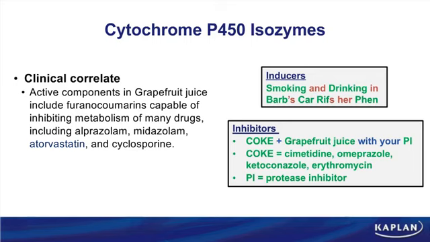Ketoconazole is a possibility to show up on your exam as an inhibitor, though its use has really significantly declined in recent years. And erythromycin, one of our very important macrolides, certainly could show up on the test as well. If I had to pick two out of that list, cimetidine and erythromycin, watch out for those two on the exam.